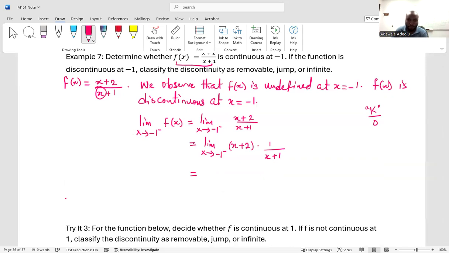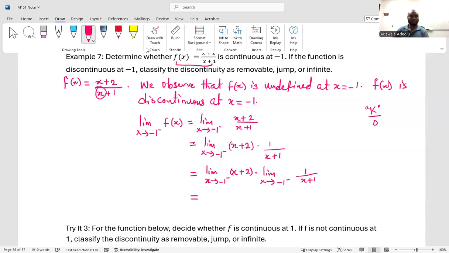Equals to, now, in this case, I can write it using the law of limits for products: limit as x goes to -1 from the left of x plus 2 times limit as x goes to -1 from the left of 1 over x plus 1.